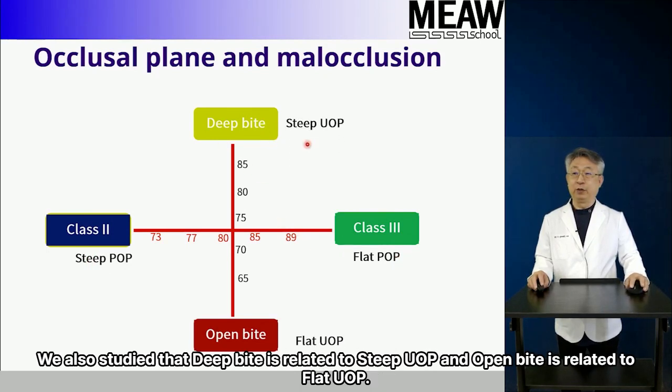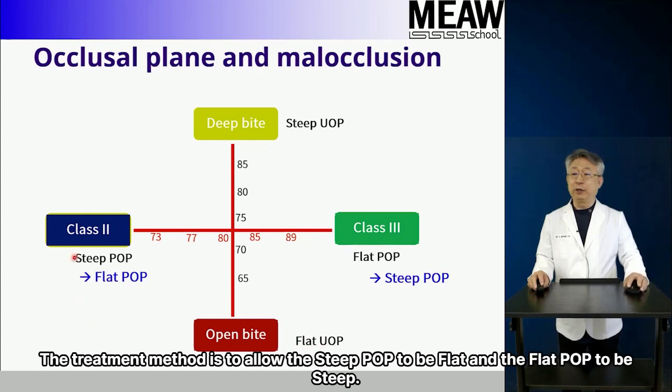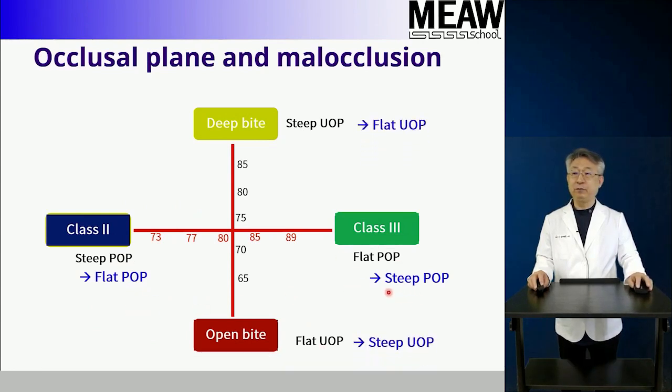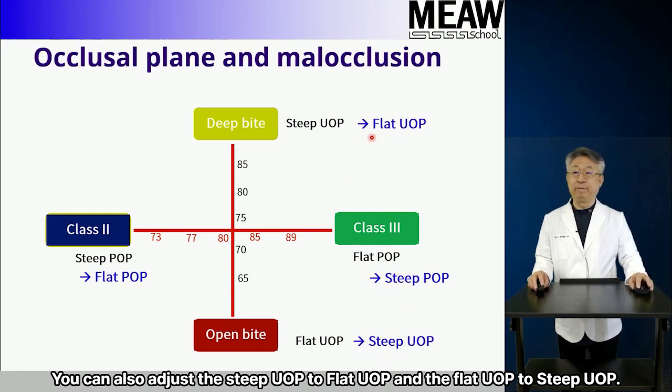We also studied that deep bite is related to steep UOP and open bite is related to flat UOP. The treatment method is to allow the steep POP to be flat and the flat POP to be steep. You can also adjust the steep UOP to flat UOP and the flat UOP to steep UOP.